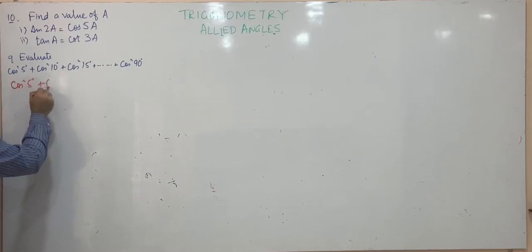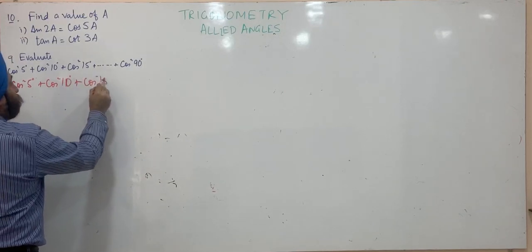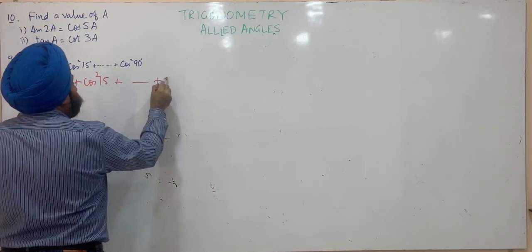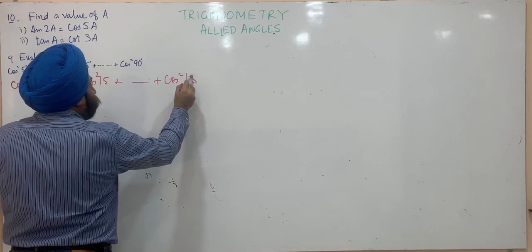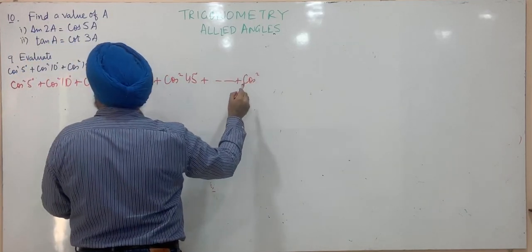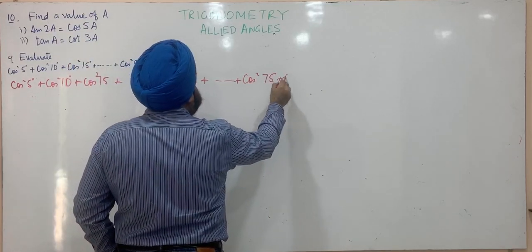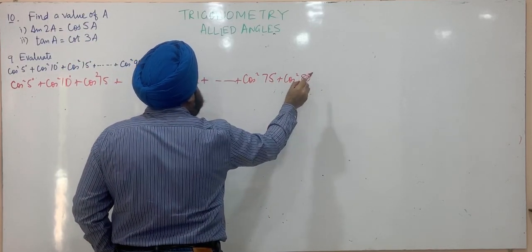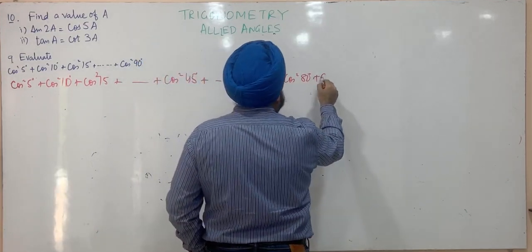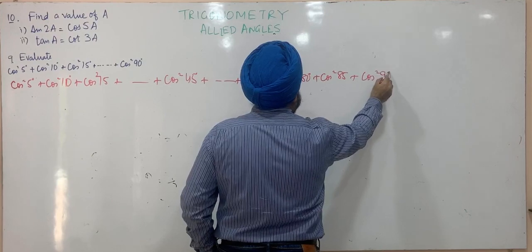Cos square of 5 plus cos square of 10 plus cos square of 15. We will have cos square of 45 and so on. Then cos square of 75, then cos square of 80 degrees, cos square of 85 and cos square of 90 degrees.